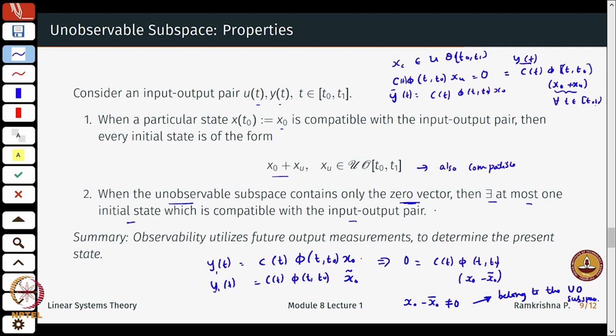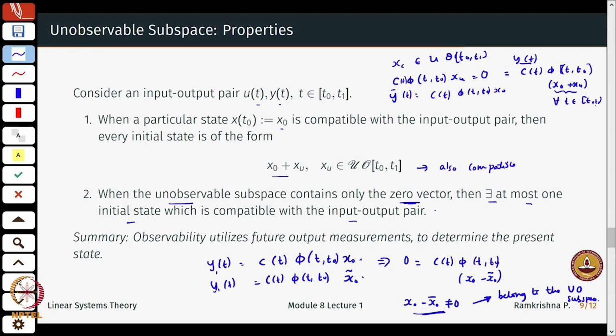So I assume that there are actually two of them, and I just do proof by contradiction. If there are two of these initial states, then I do the subtraction, and I essentially claim that 0 is C phi times x minus x0, which means that x minus x0 would have to belong to the unobservable subspace, which is not true.